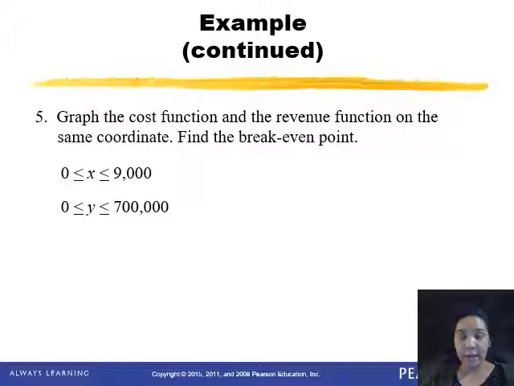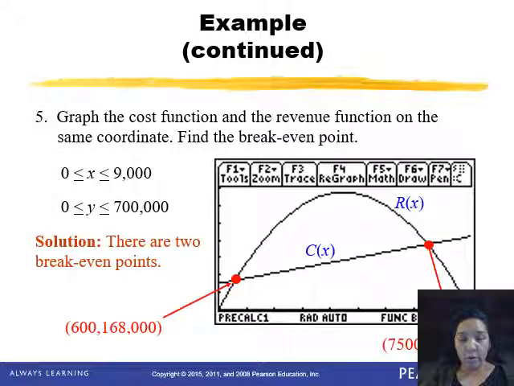So let's take a look at this function. What does this look like? And let's find this break-even point. So you can see that the cost function is linear. If you remember, the cost function is linear. And then we have our revenue function, which is squared, and so we have this parabola here.